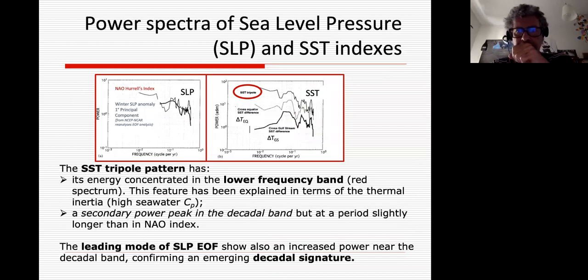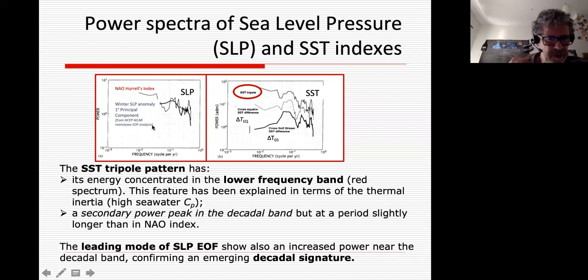And we have here two slides, not very nice, but quite informative. In red, we have the power spectrum against frequency of the NAO index.